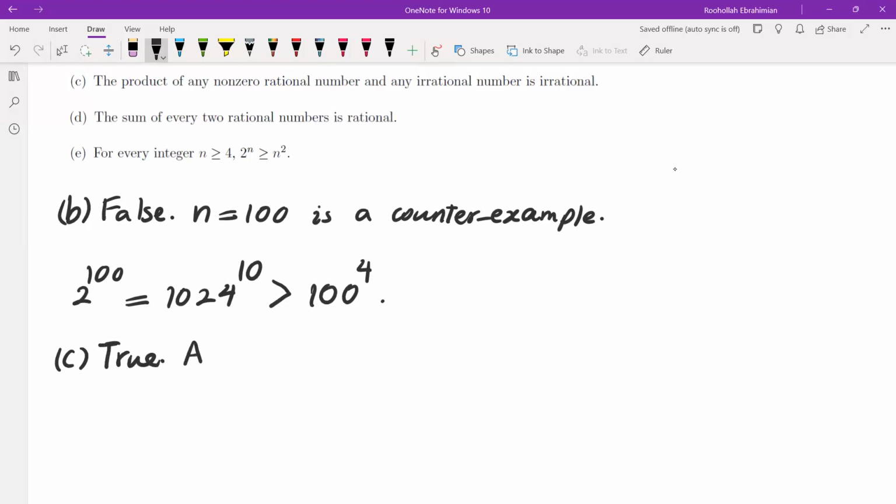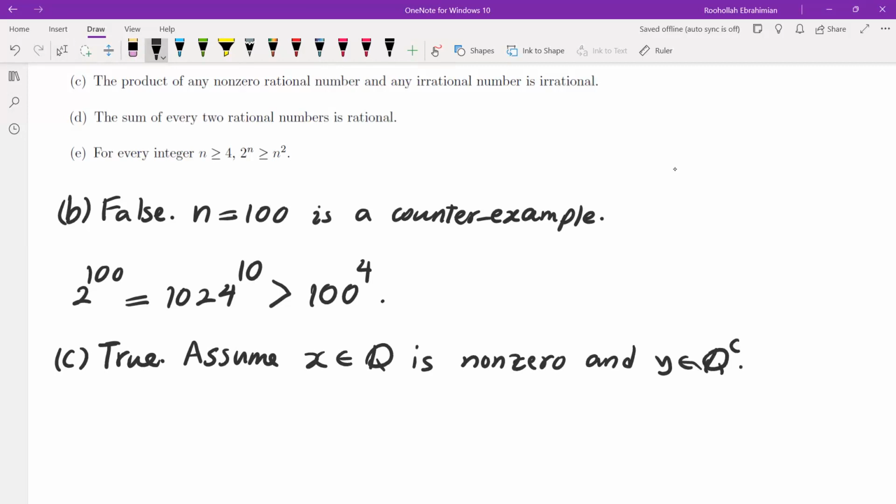And we're going to take a rational number. So assume x is rational and non-zero, and y is irrational. Now, we are trying to prove that the product is irrational.